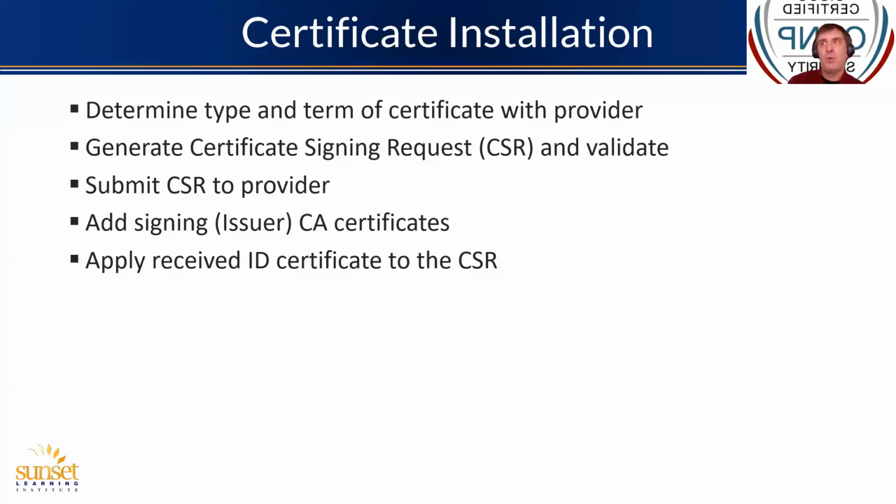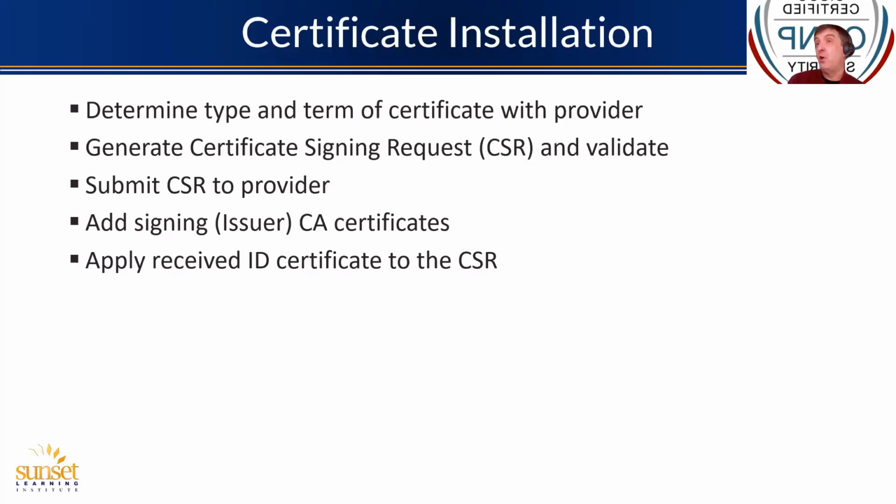And this is an ongoing process, and we would see the same concept if you think about your web browser. It has copies of a large number of CA certificates so that when you're interacting with SSL-based web servers, you have copies of those signing certificates to validate the received ID certificate from those web servers.